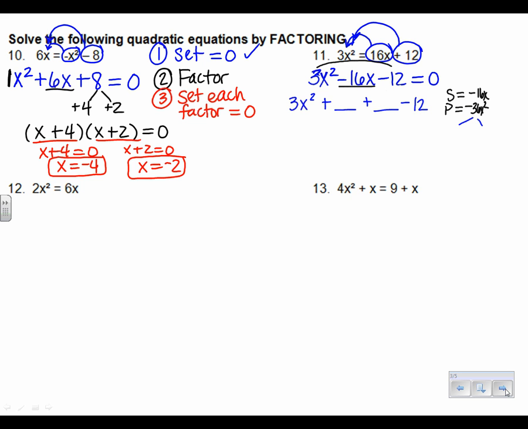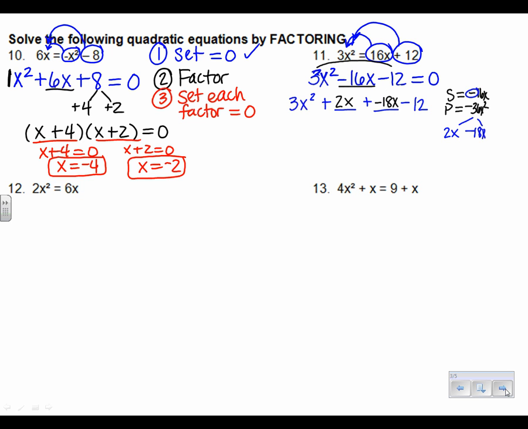Let's see, there's 1 and 36, that won't work. 2 and 18, probably 2x and 18x. 36 is negative, so one of those numbers has to be negative, and the sum is negative, so I know I'm going to have a negative 18x. So those are my two terms that I put in my blanks, 2x and negative 18x.